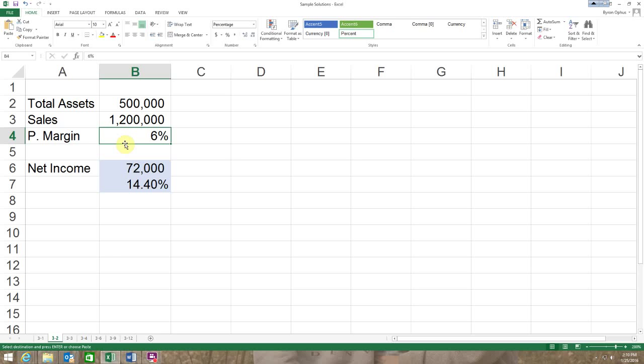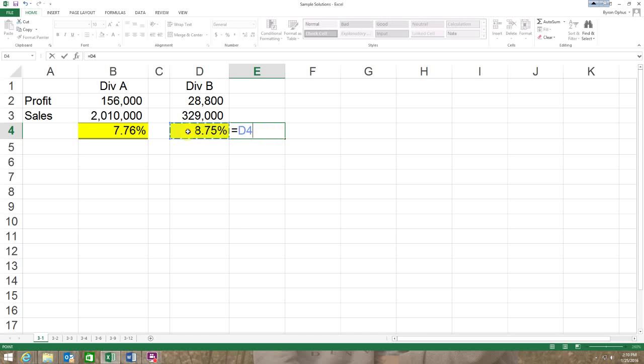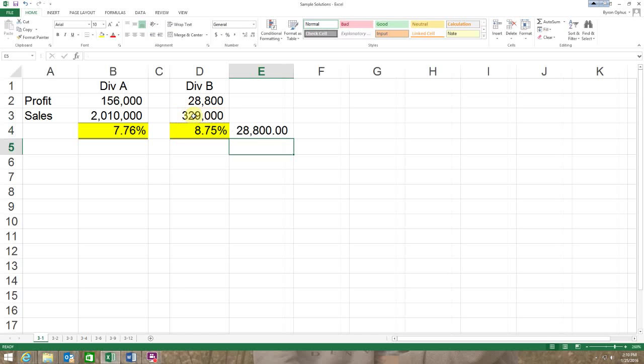If we go back here, it's our profit divided by our sales, and so our profit margin times our sales would give us our profit, right? I can come here and just do that really quick. This is equal to this times this, and that should be equal to 28.8, and it is, okay?